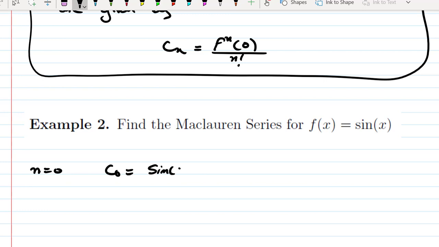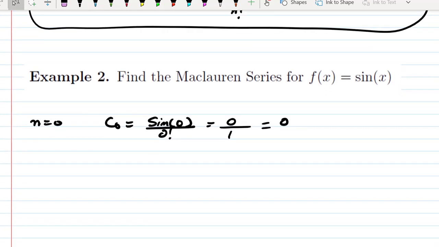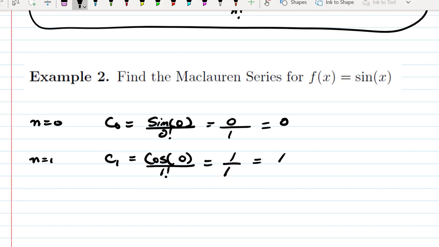So that would be the sine of 0 divided by 0 factorial. Sine of 0 is 0, and 0 factorial is 1, so we get 0. And then for n equals 1, c sub 1 would be the derivative of sine, which is cosine. So we have the cosine of 0 over 1 factorial, which is 1 over 1, which equals 1.